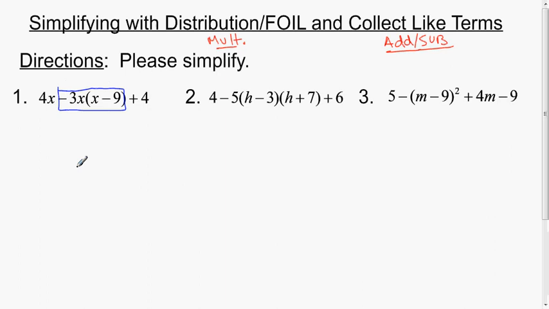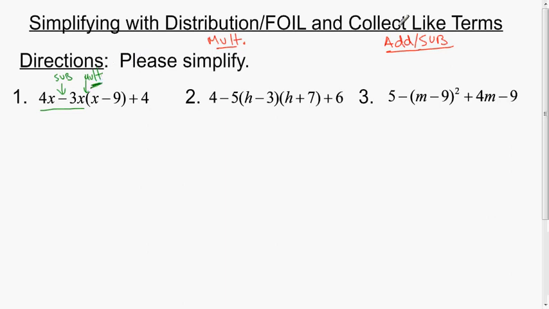Now, some kids will do what I'm underlining in green here and do this incorrectly and say, well, I'll do 4x minus 3x. Well, you can't, because the 4x minus 3x is a subtraction, but the 3x times the quantity x minus 9 is a multiplication. So it's the multiplication that needs to come first.